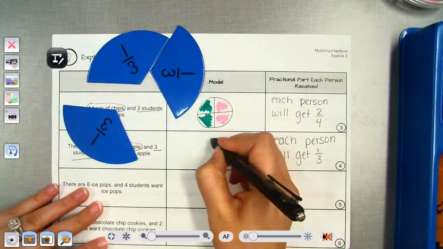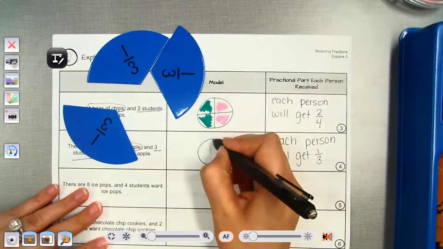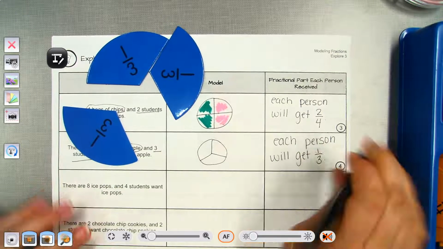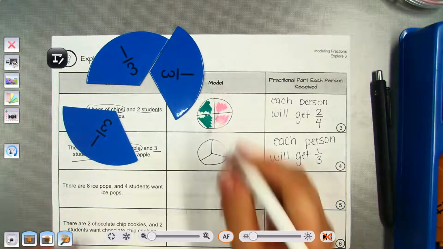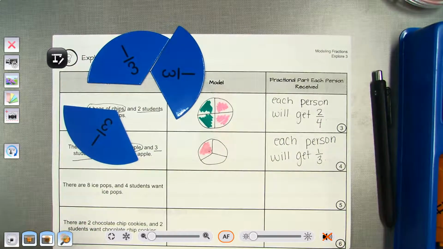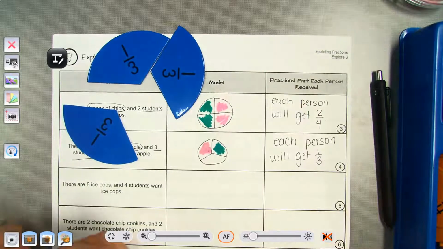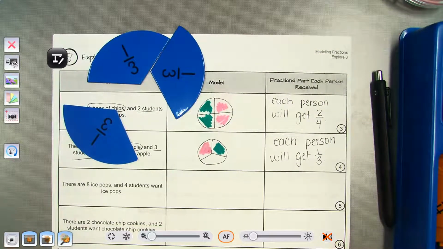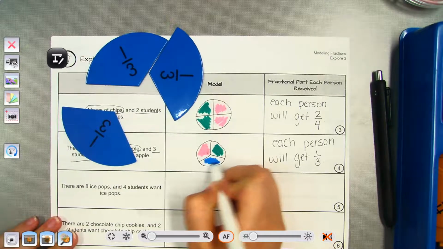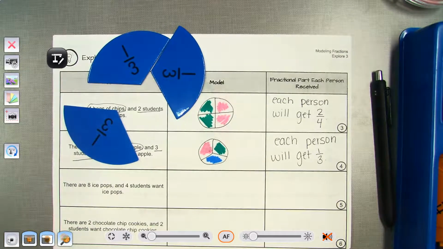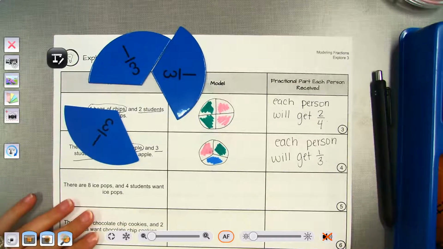Because here's my apple, and I divide it into 3 pieces, and one person gets that piece, one person gets this piece, and another person gets this piece.